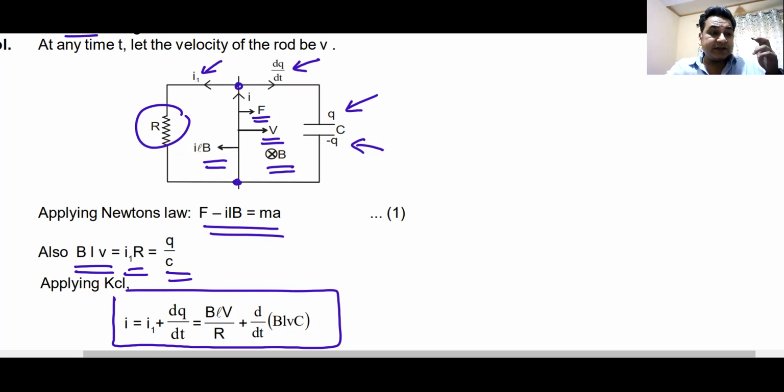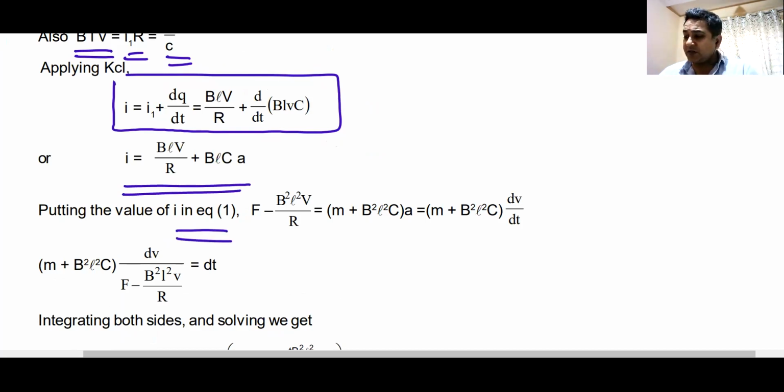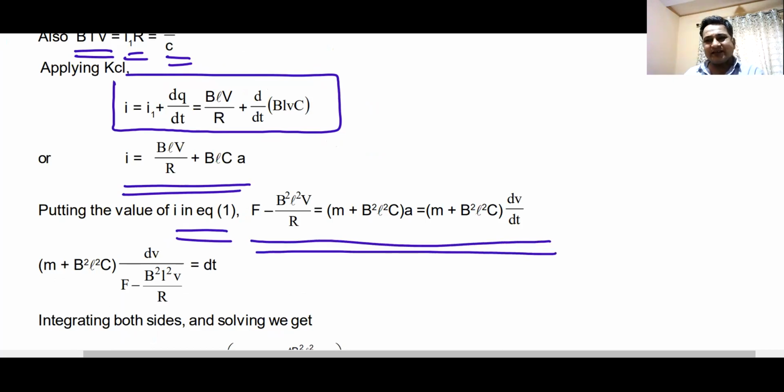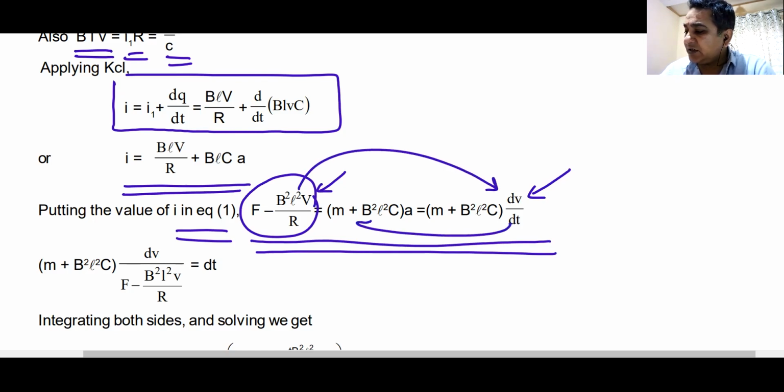Then we have this. I will become equal to this. You can now put this value of I in the first equation. So the first equation starts to look like this. Now you can separate the terms. There is this entire term with one v on this side, and there is entire dv on this side. So this entire term goes with this side. This dt will come here and this will come in the denominator.